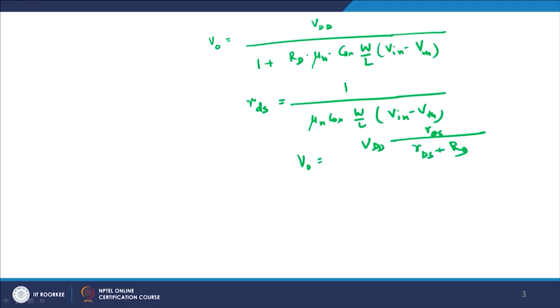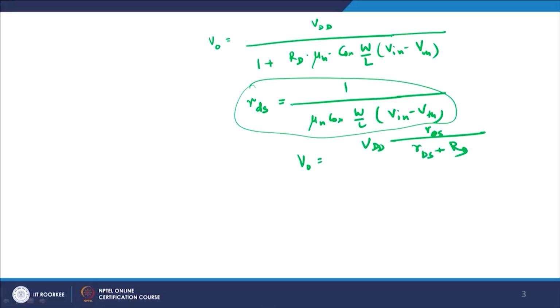See, simple. If you look very carefully here, if you take RDS to be equal to this quantity, because RDS is 1 by this quantity, RDS is the drain to source resistance of the MOS device in the on condition. So, once this is true, if you place RDS here, this quantity can be written as 1 by RDS, remember. So, I can write V0 to be equal to VDD, right, upon 1 plus RD by RDS.